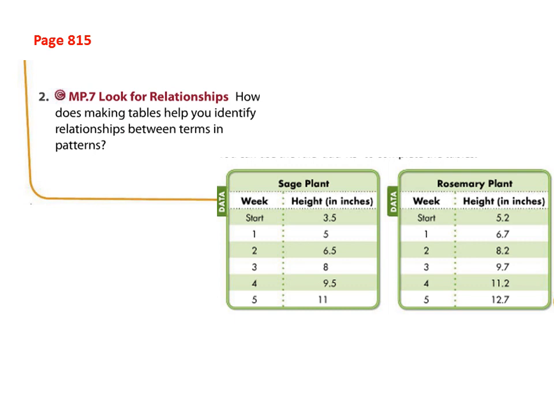To check, we used the second row and we compared 5 and 6.7. Then we were sure that 6.7 is 1.7 greater than 5. So, of course, using tables is easy because you can line up the terms and compare them easily.